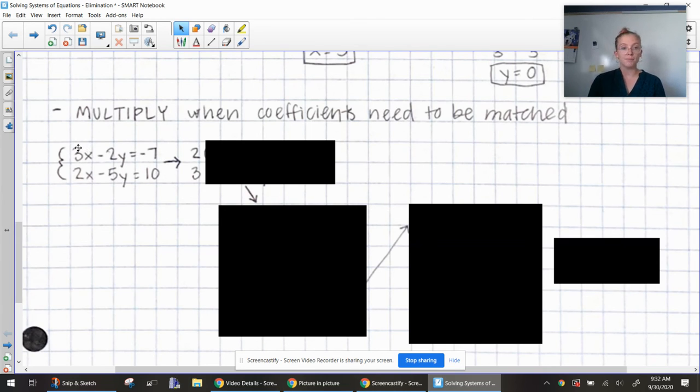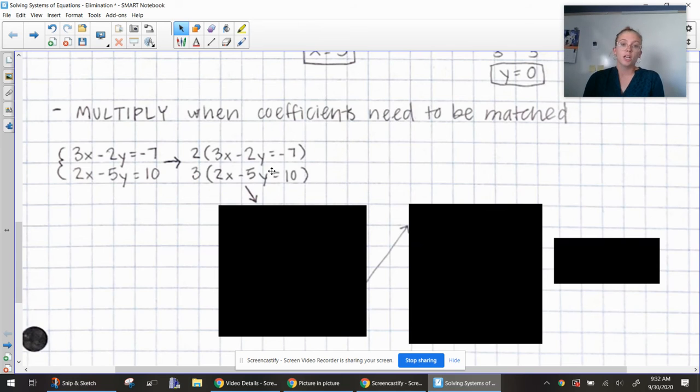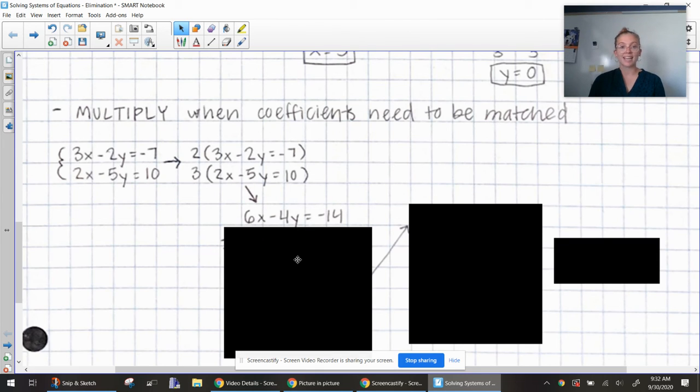That will result in me having 6x and 6x, which would match both of my x coefficients. So I'm multiplying the entire top equation by 2 and the entire bottom equation by 3, and that leaves me with 6x minus 4y equals negative 14, and 6x minus 15y equals 30.